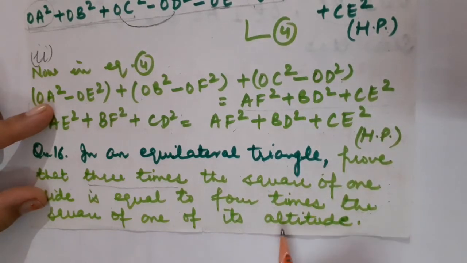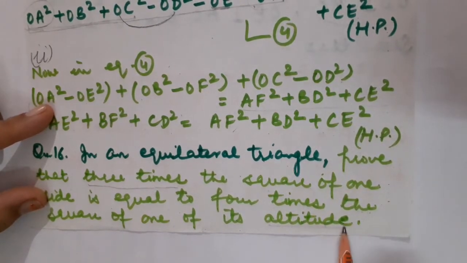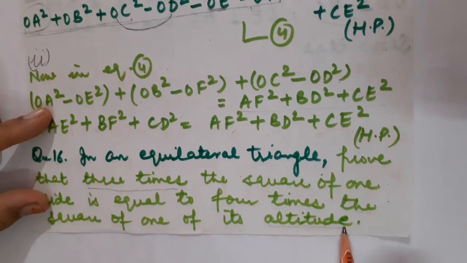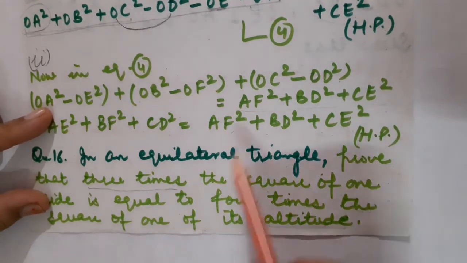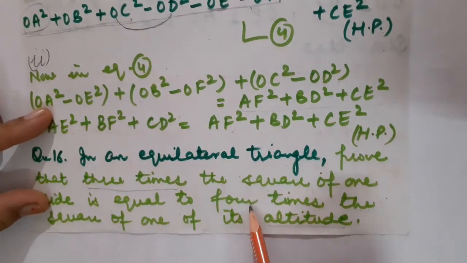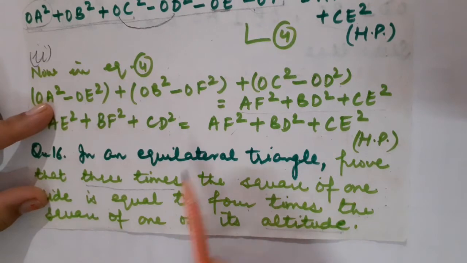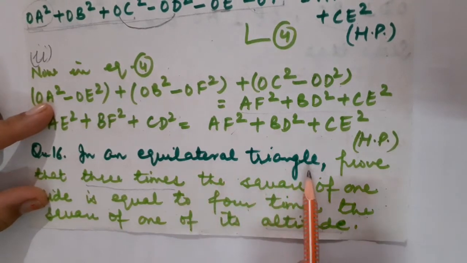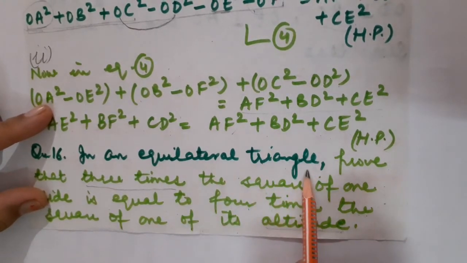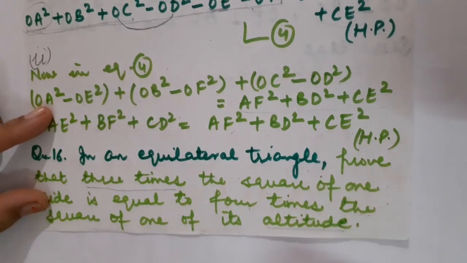So now the question arises, what do you mean by altitude? Altitude is basically a line segment which is drawn from any of the 3 vertices of a triangle and it is perpendicular to the opposite side of the triangle. Got it? Means it makes a 90-degree angle on its opposite side.